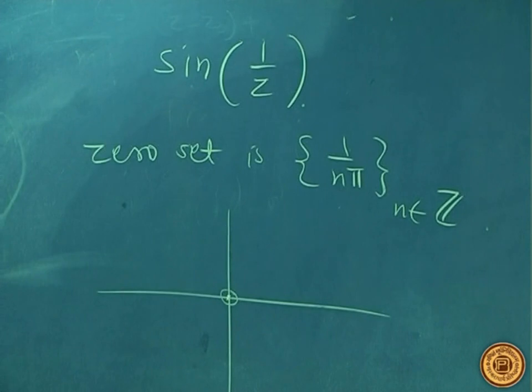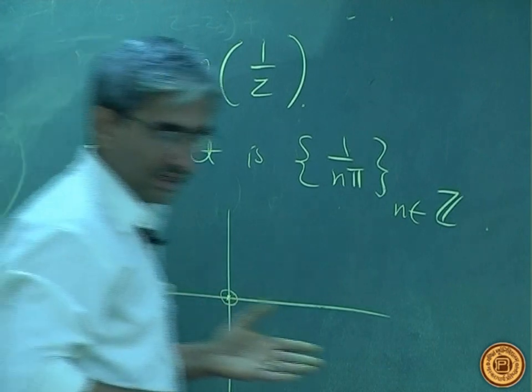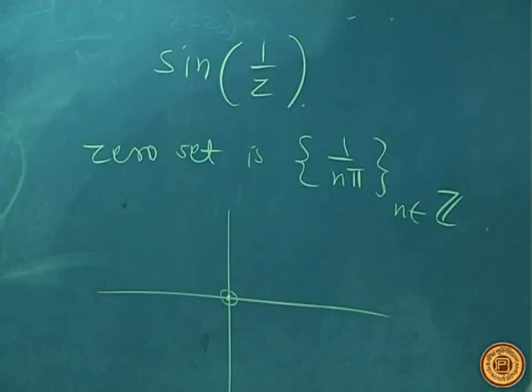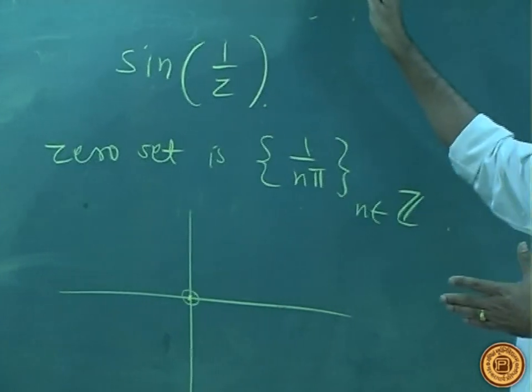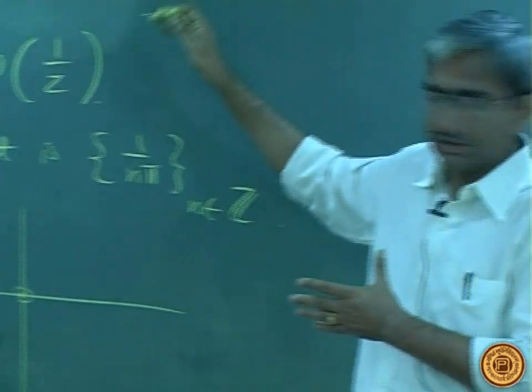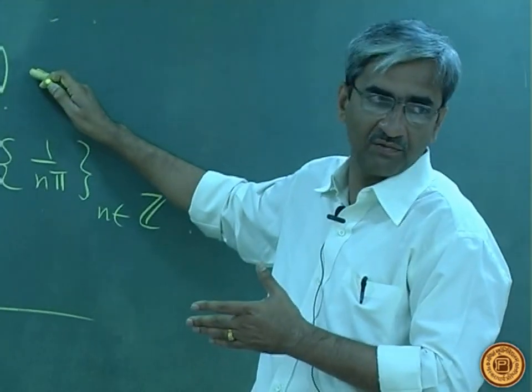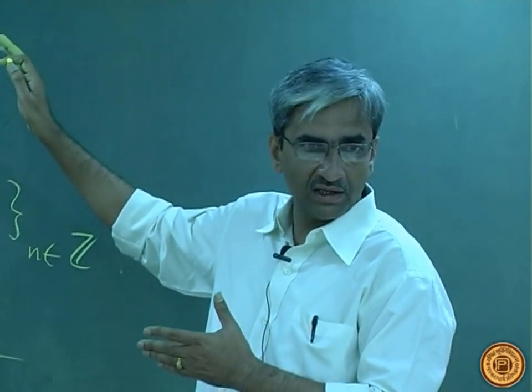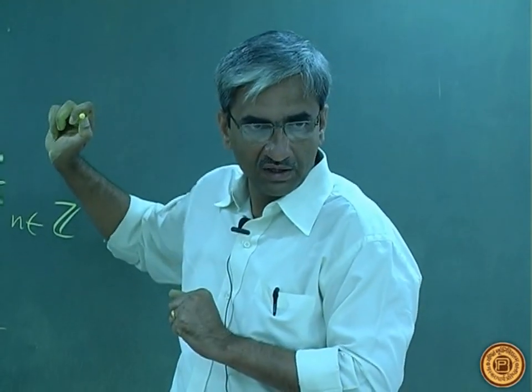So you will not be able to isolate. Of course the function is not analytic at 0, but if you think of whether it will also hold for other functions which are not analytic, then you may define this function to be something at z equal to 0. So this is when z is not 0, and I may define it equal to 0 if z is equal to 0. That won't be analytic.